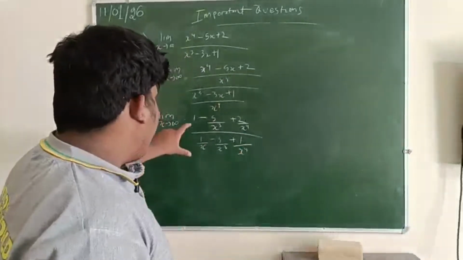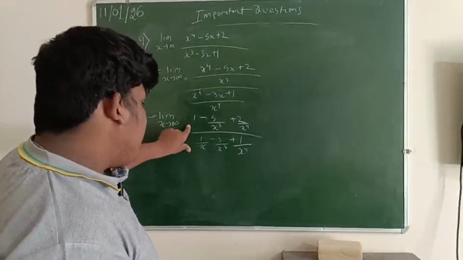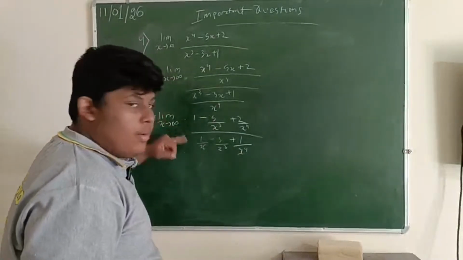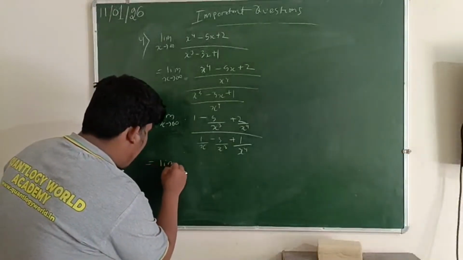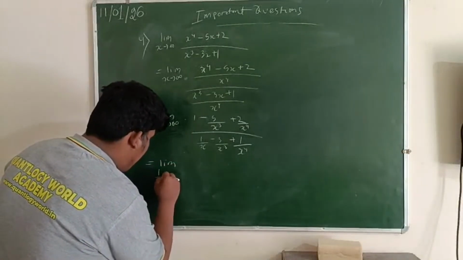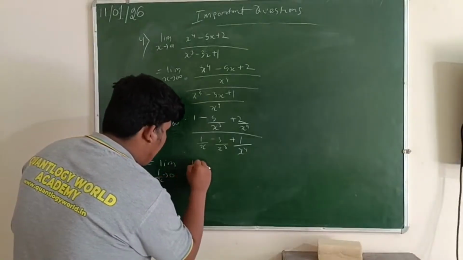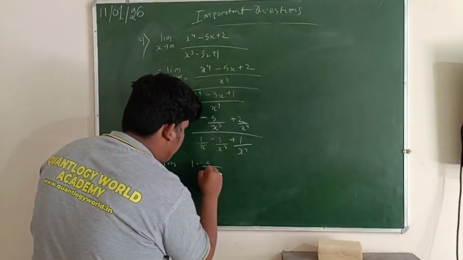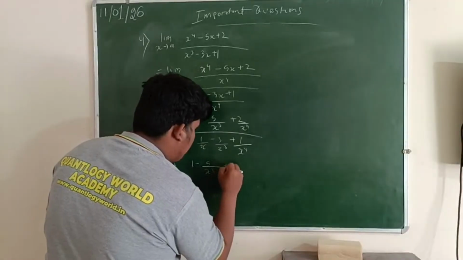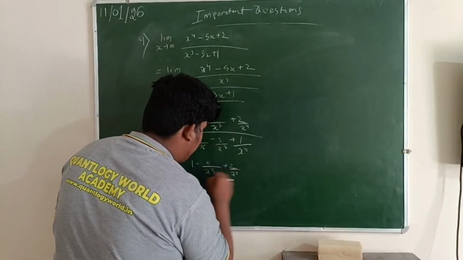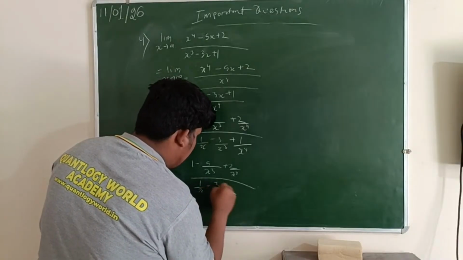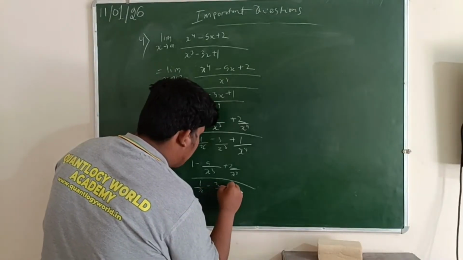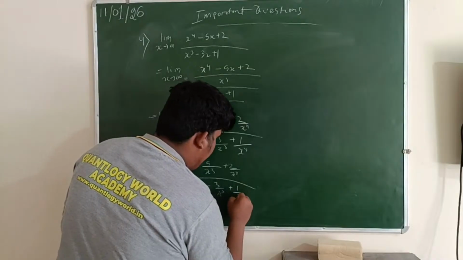So we have converted this equation to 1 by x form. Now we'll convert this to 1 by x. One minus 5 by x cube plus 2 by x to the power 4, by 1 by x minus 3 by x cube plus 1 by x to the power 4.